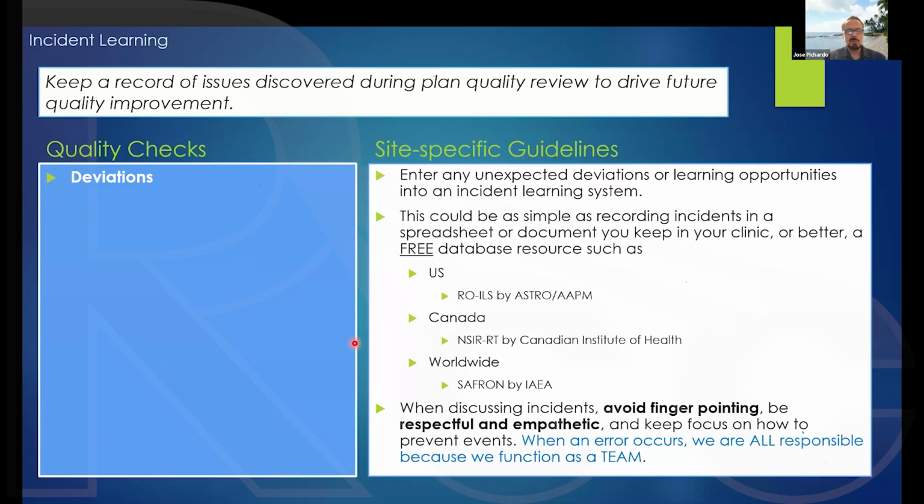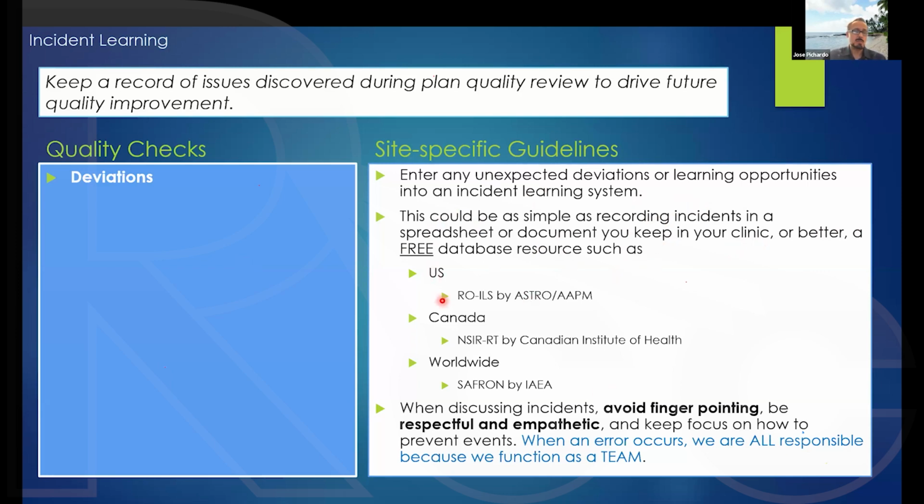Incident learning is more of a departmental decision. It's something that you have to decide as a department, but I'm giving you some examples here. You should definitely always record deviations and events, where something happened with a patient that didn't go as intended. You could be recording these incidents in a spreadsheet or on a piece of paper, but my recommendation is to use a free database resource, such as the ones that I'm providing here.